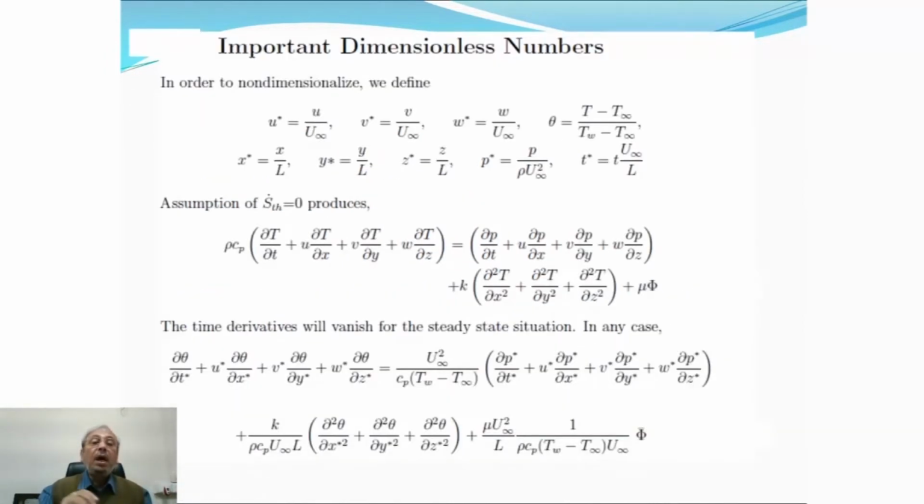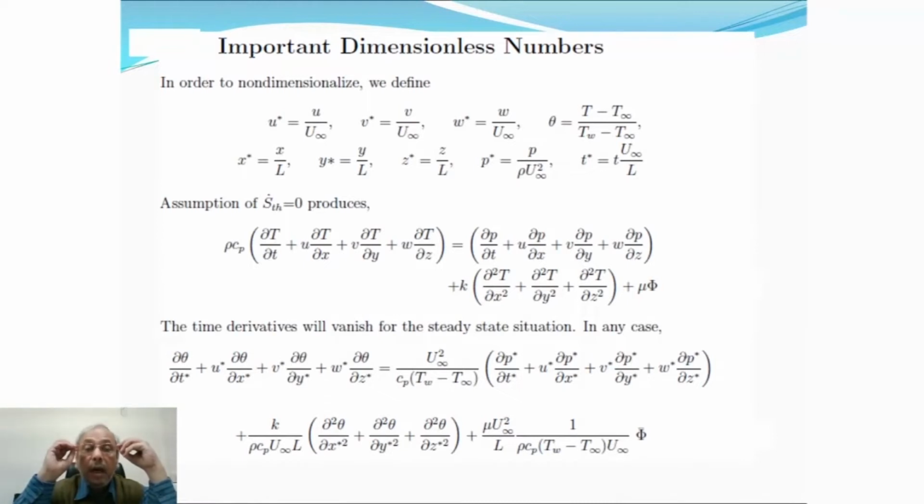Now we will try to identify the important dimensionless numbers. So what we do, we go for the general energy equation, irrespective of compressible or incompressible flows, and we assume that the thermal energy generation rate is 0.